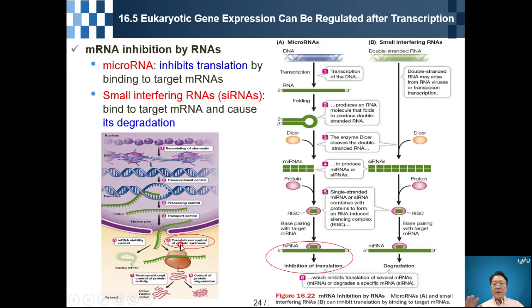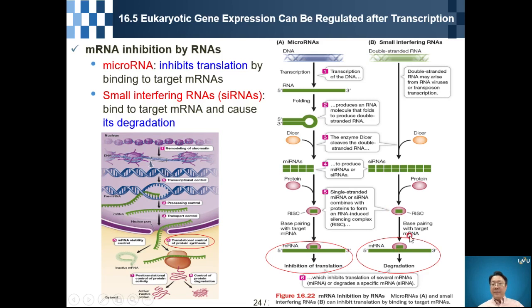And how about small interfering RNA? This is the small interfering RNA. I will not explain it in detail. The important thing is that small interfering RNA binds to the RISC complex, and this binds to the target mRNA.